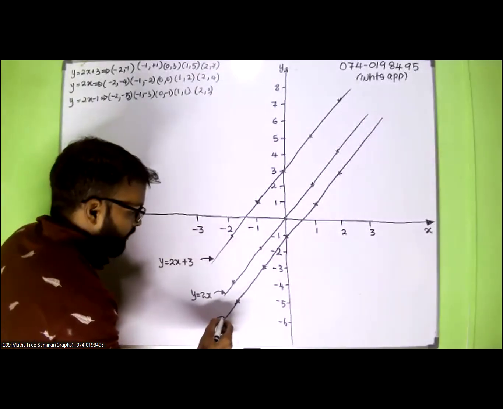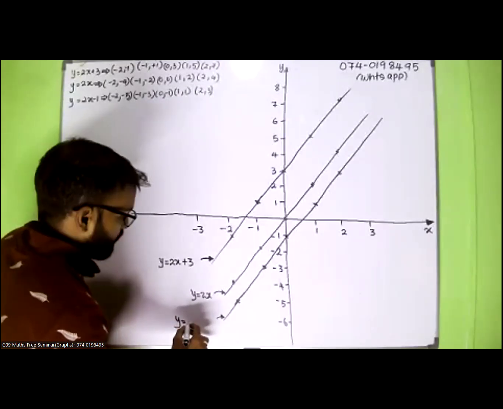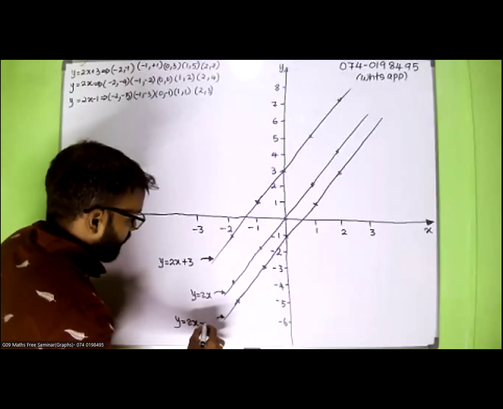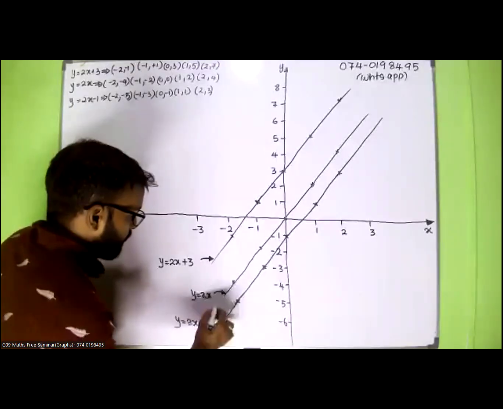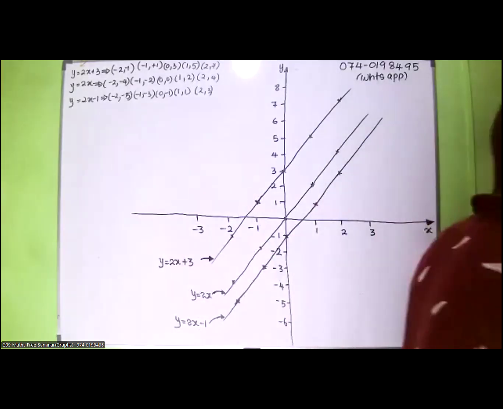You need to make sure that you have named it: y equals 2x minus 1.